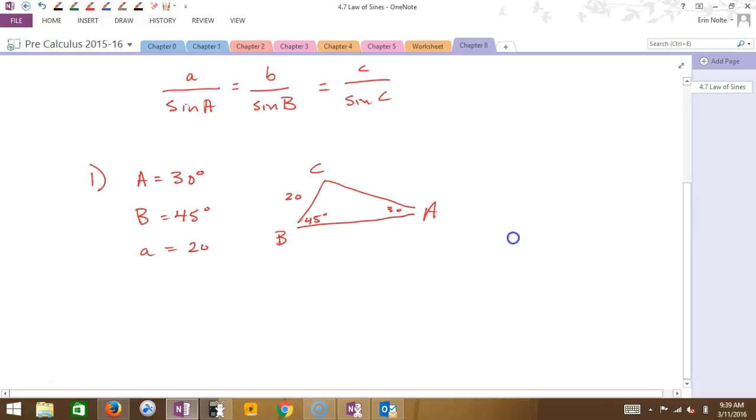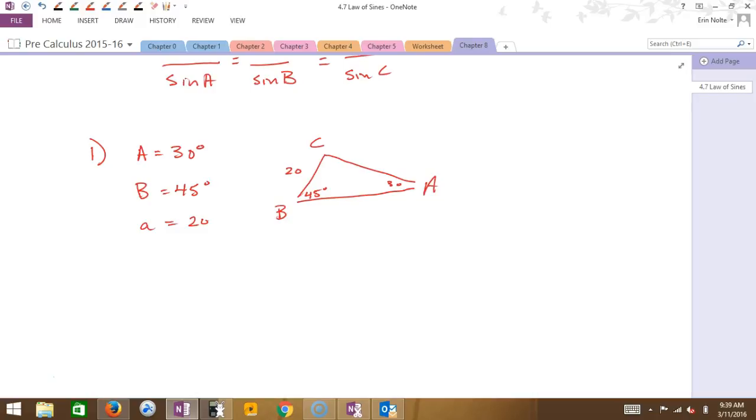Okay, I'm going to start with, in my mind, the very easy one. Anybody have a guess as to what I believe is the easy one is? Okay, exactly. If I'm given two angles of a triangle, I know the third angle is... I mean angle, yeah. So if I know two angles, what's my third one going to be?